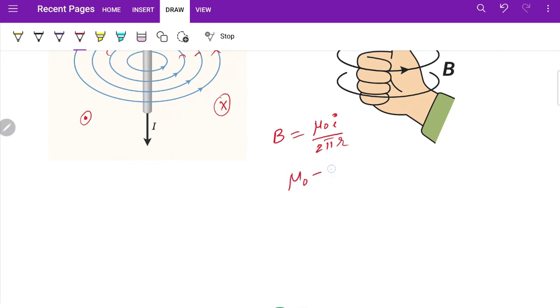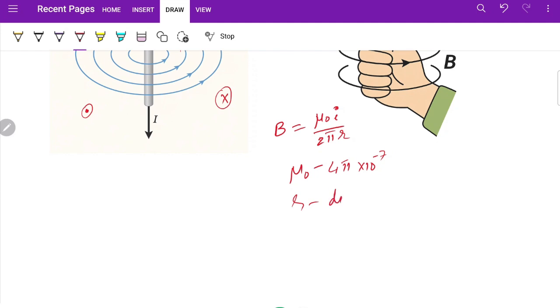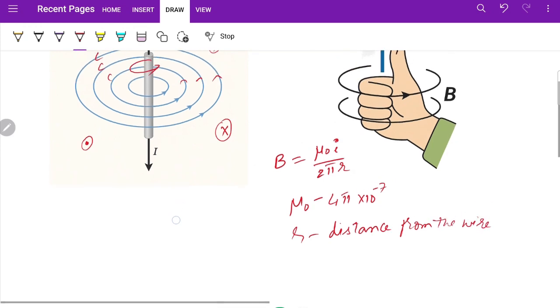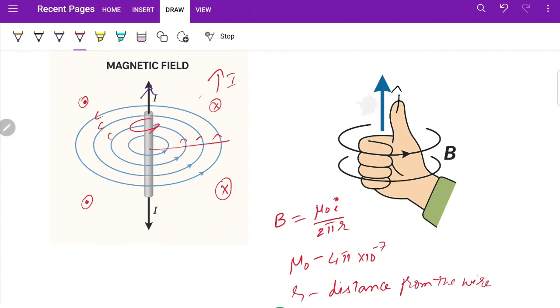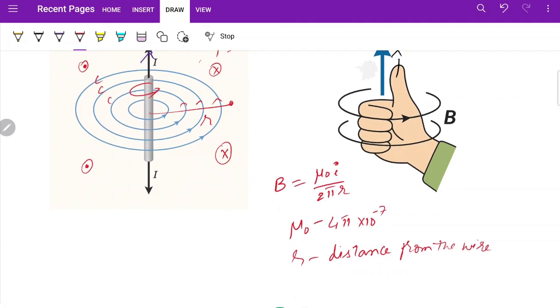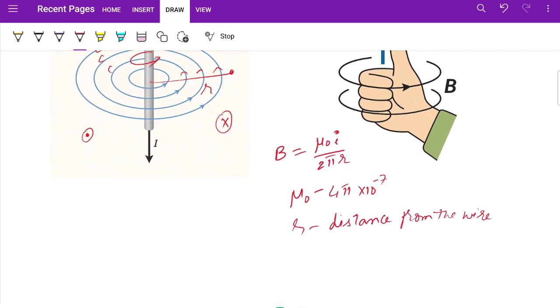Mu naught value is 4 pi into 10 power minus 7 per ampere, and r is the radial distance from the wire. That means, for example, this is a wire, and at a distance of r, if I am asking what is the magnetic field, then I utilize this formula, B is equal to mu naught I by 2 pi r. The direction we already discussed.